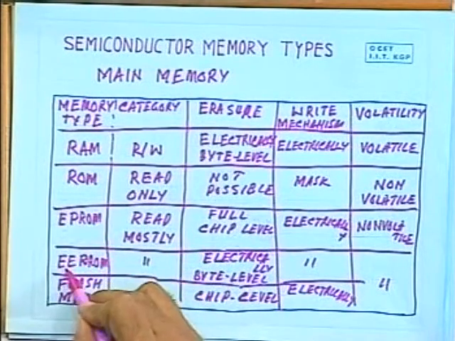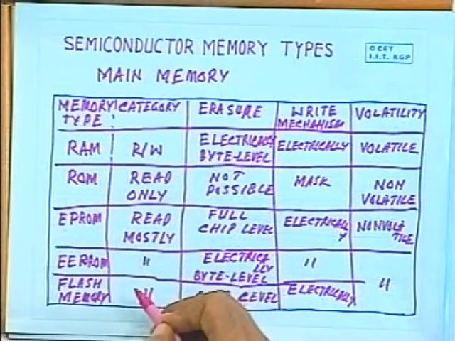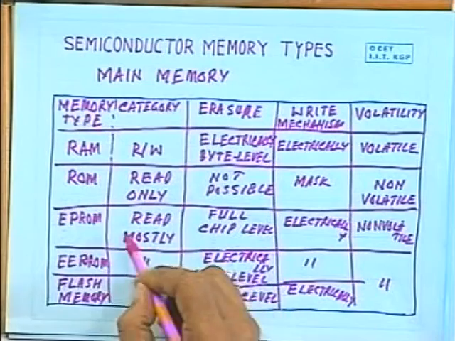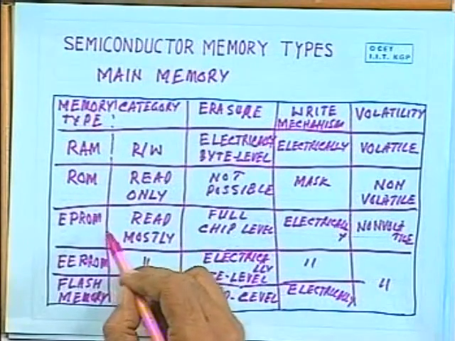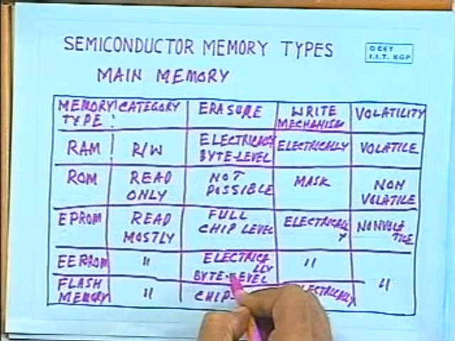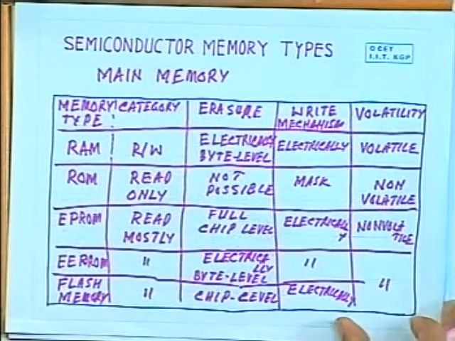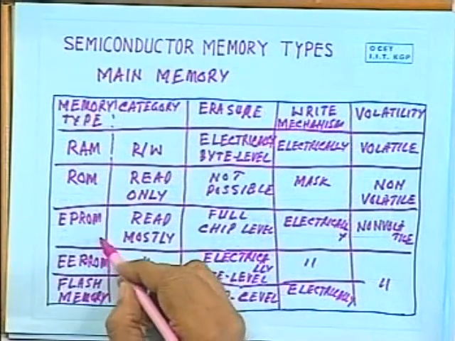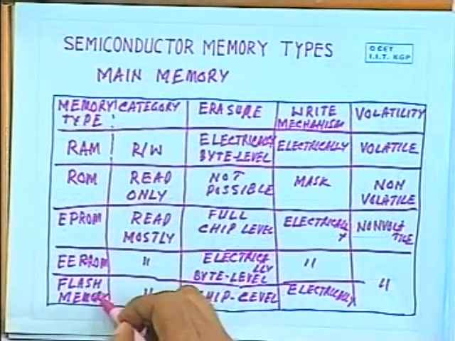On the other hand, EEPROM is not very reliable. So what has been done is, with the high reliability and low cost of EPROM, the electrical erasing facility has been added in flash memory. So it enjoys the best of both worlds of EPROM and EEPROM.